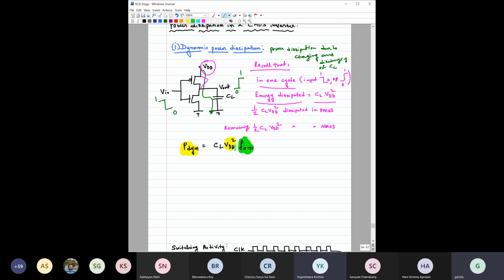But when we discuss scaling in more detail, you will see that VDD really does not fall in that sharp a fashion. For many technology nodes, the change in VDD is almost insignificant compared to the change in frequency.